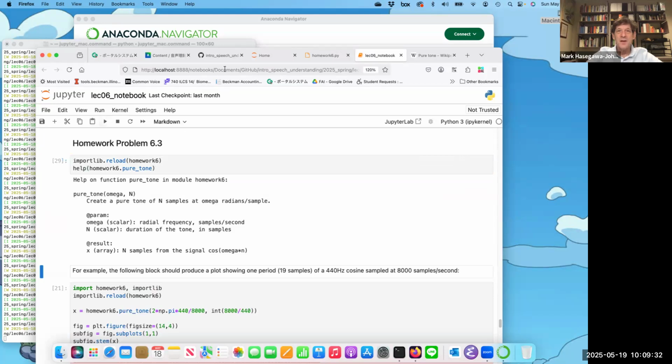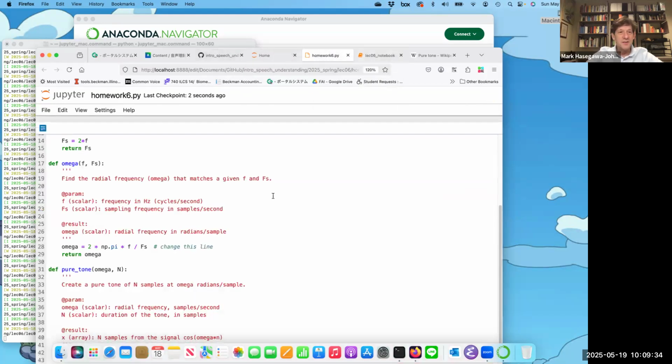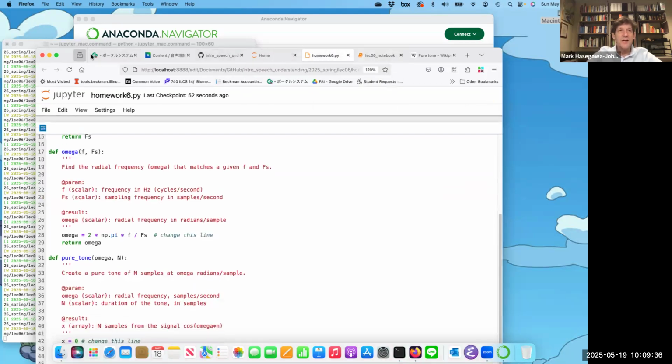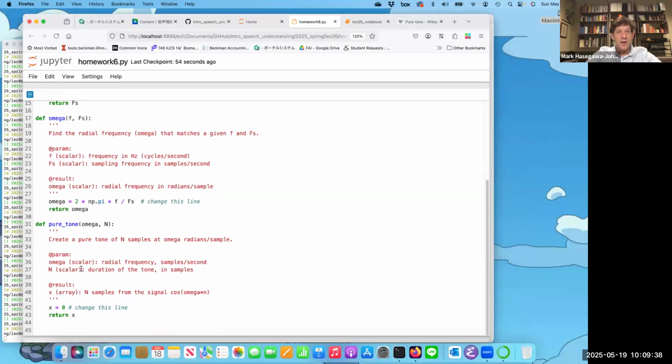So this just requires us to, first of all, create an array N samples long. So let's take little n equal to the range of all values, capital N long. And then x will be the cosine of omega times little n, where little n is an array from capital N samples long, and we'll return that.